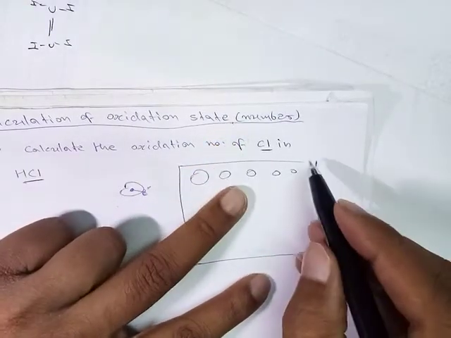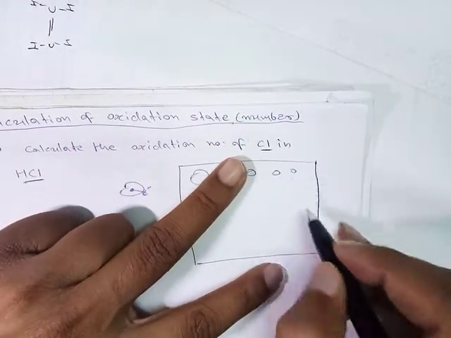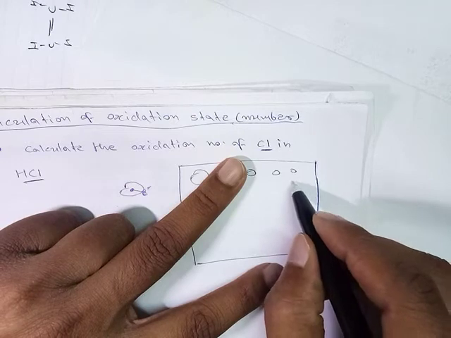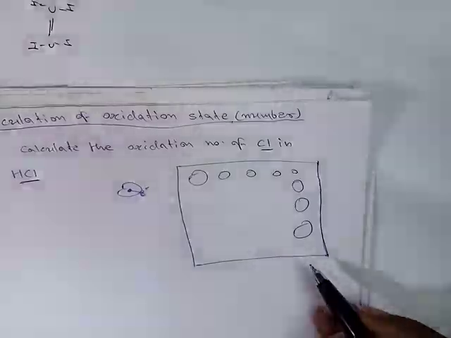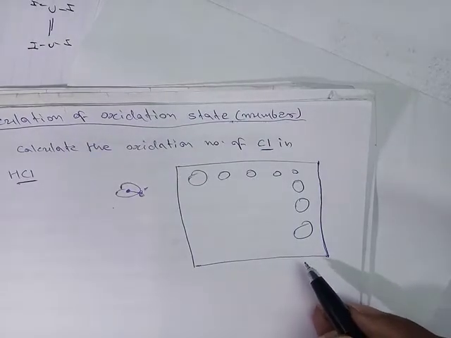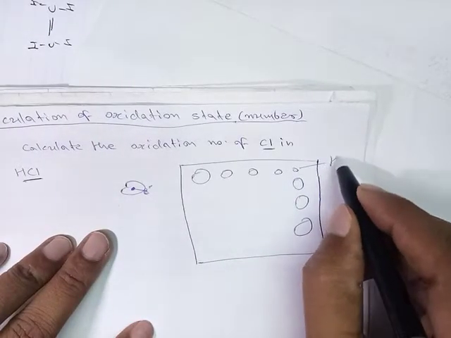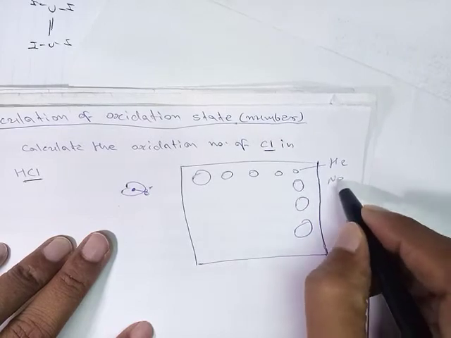and when we go from top to bottom in a group, the size of the atom increases due to the addition of an extra shell. Suppose this one is a helium atom and this one is a neon atom.